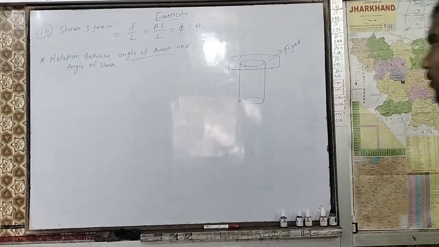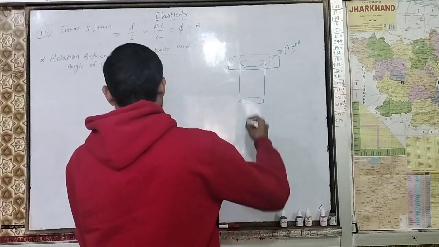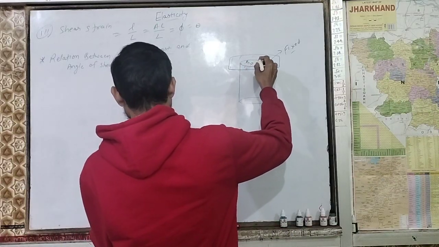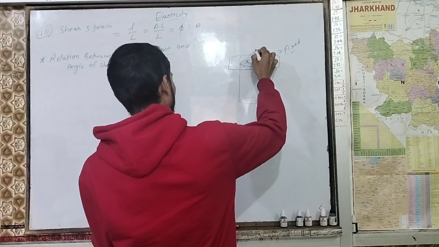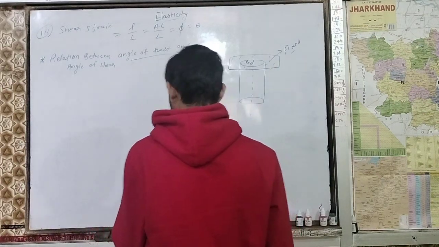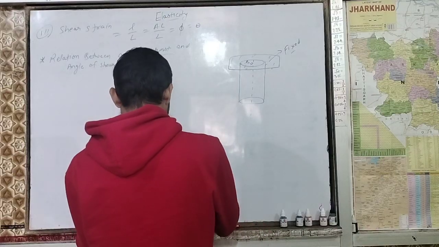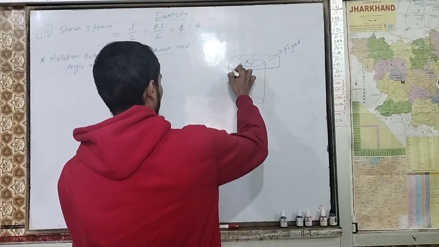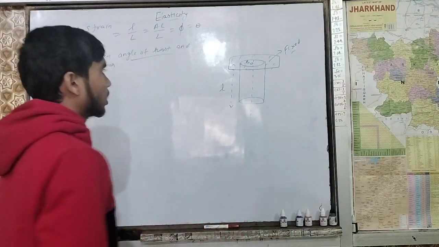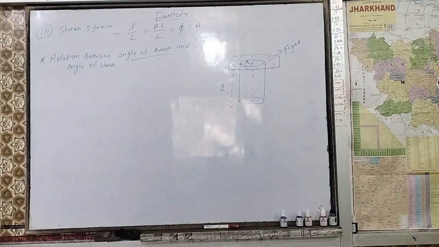Of course, it is going to have a radius, so this is our radius. And this is the length of the body. Length is going to be the same the whole time.